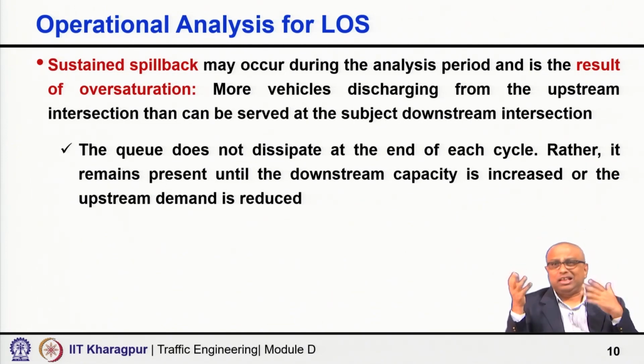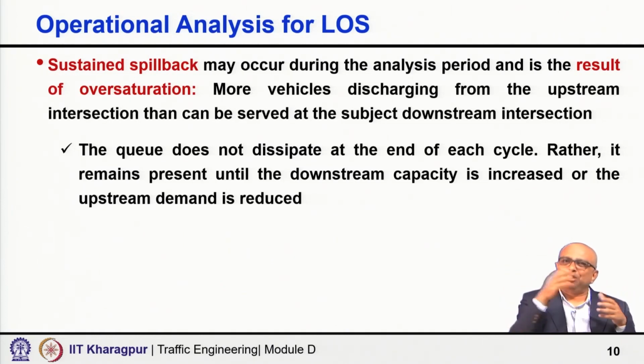You do some physical changes and increase the capacity of the downstream intersection, or the upstream demand is reduced. So, maybe the peak hour happened, but the peak hour is over and the demand is reduced eventually. So, slowly over a period of time the queue spillover will dissipate.